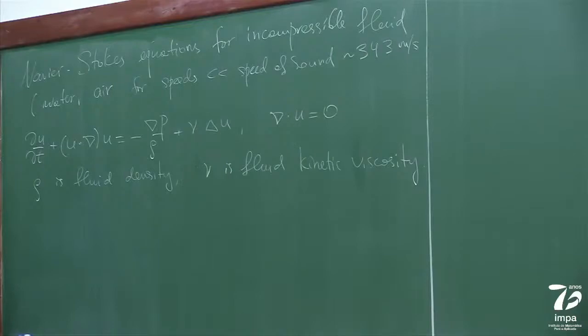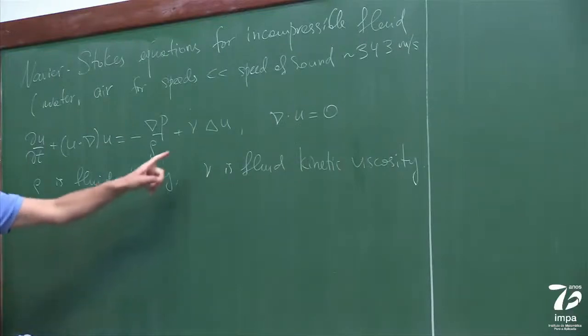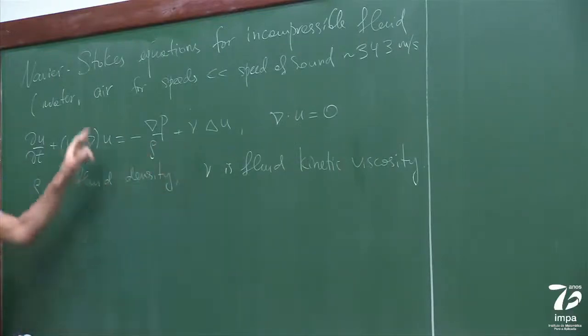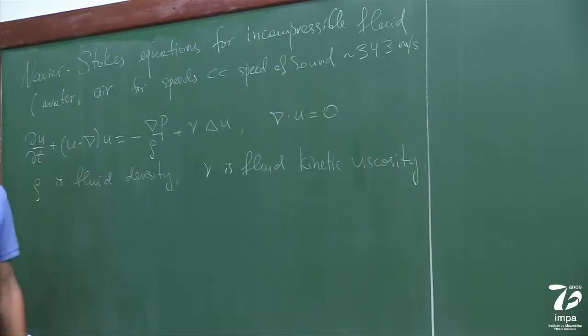Dynamic viscosity is much bigger for water, but the density is also much bigger for water. So that's why this viscosity is actually rather close for both air and water, only about 10 times different. So from the point of view of Navier-Stokes, air and water are not that different.